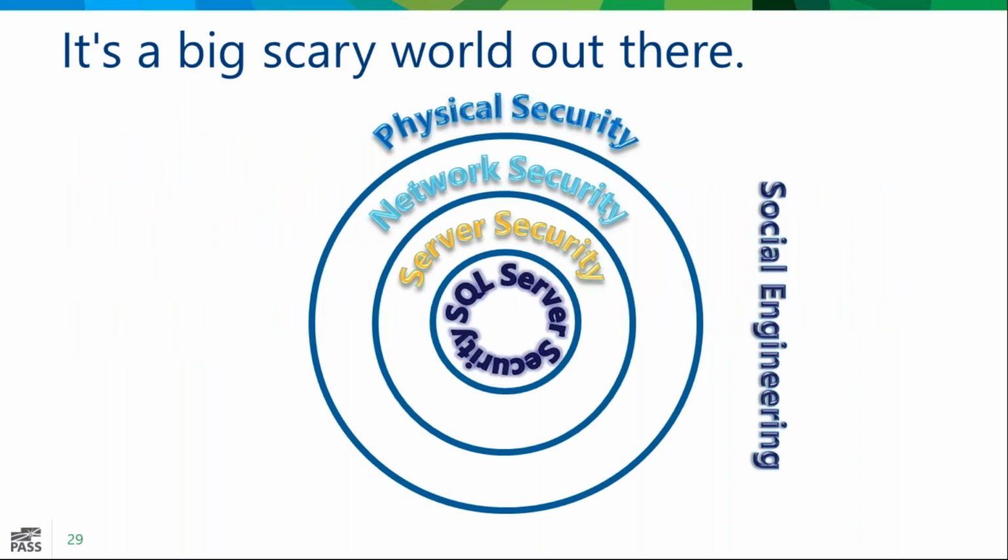If physical security is not doing its job, if the network people aren't doing their job, if the server people aren't doing their job, if we aren't doing our job, if we all aren't doing our job together, well, there's a reason why we're at the center of a bullseye. They are out to get your data, and mistakes happen. And we have to do what we can to protect ourselves from that.